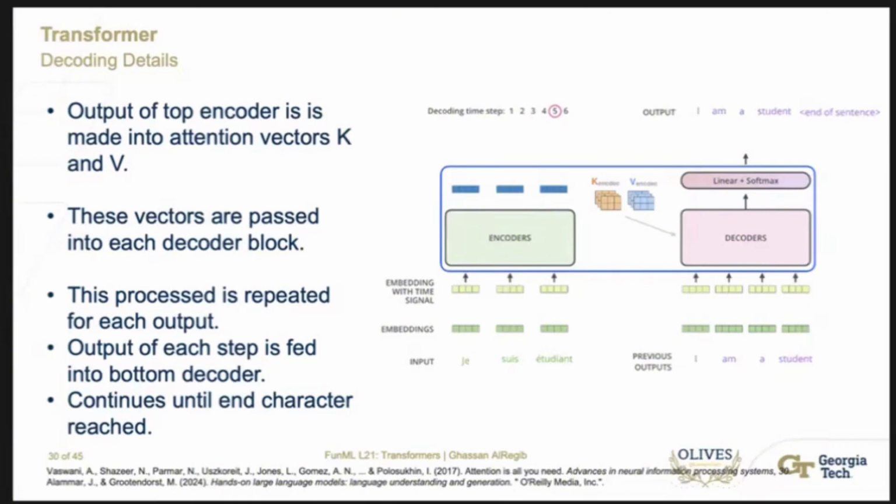And basically, the input of the first decoder is the output from all the predicted words previously. So in order to predict the next token, we need to predict also the previous tokens. So this is how the decoding phase is done.